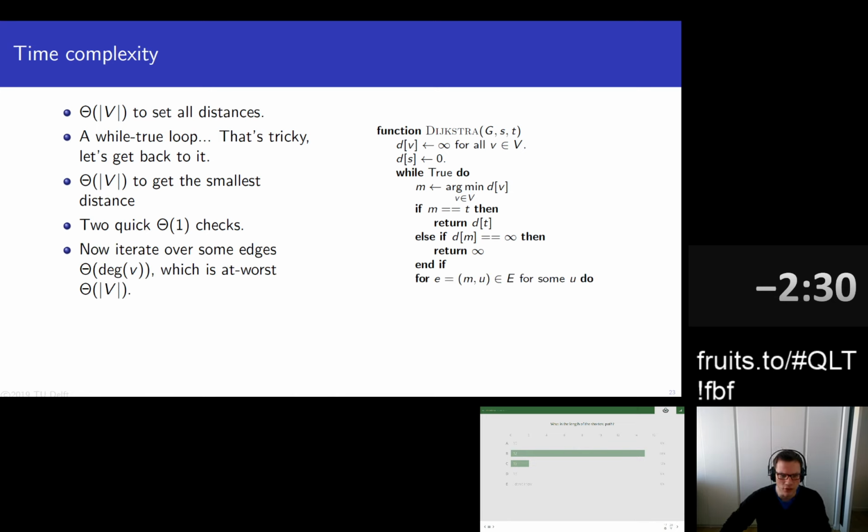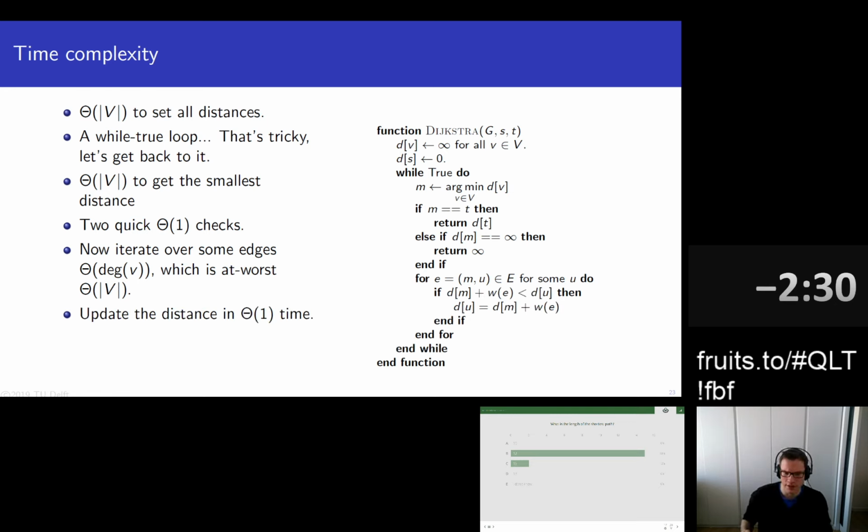Then I iterate over all of the edges that leave a vertex. So that is the degree of that vertex, which worst case is Θ(V), right? Every vertex can have no more than Θ(V) edges leaving it, namely, one edge to every other vertex. Then I need to update the distance. Okay, can do that in Θ(1) time.